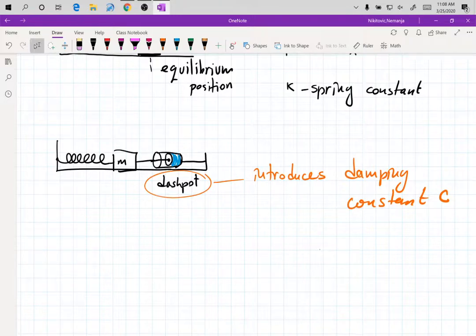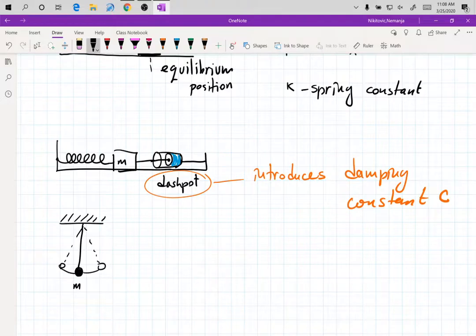Now I'm going to also talk about the damping constant in a different light. This is an experiment that you can do after the lecture. Hang off of the ceiling a mass m, then bring it back to a side and let it go. It will start swinging left and right. Wait whatever amount of time, and if you have a chandelier in the house, you are already set for this experiment.